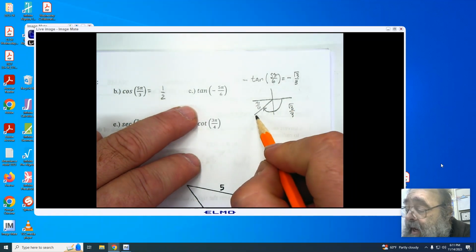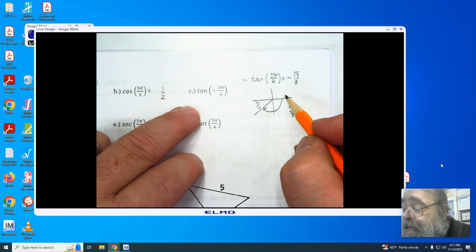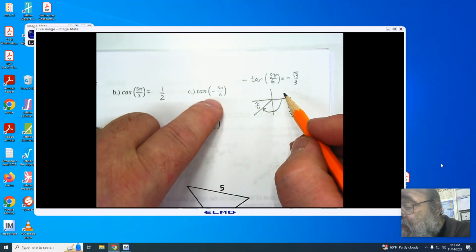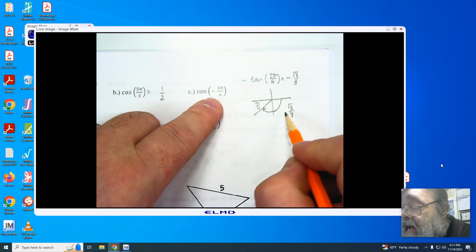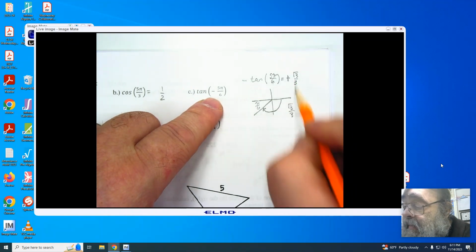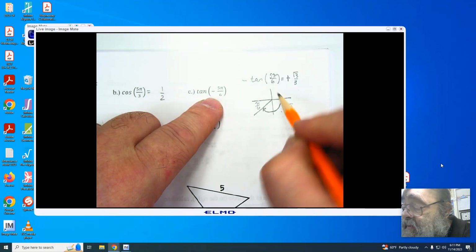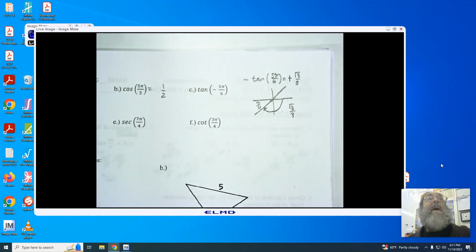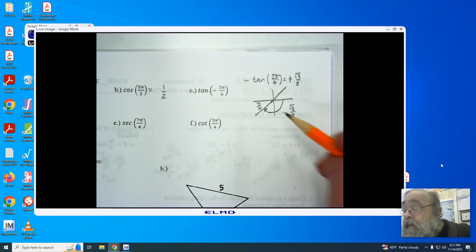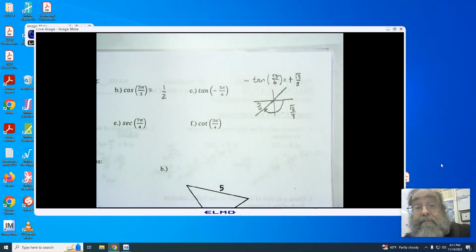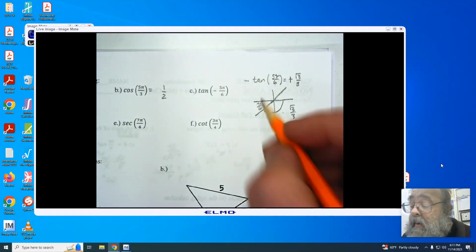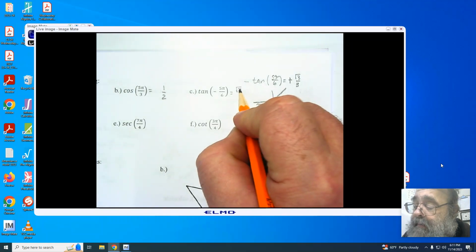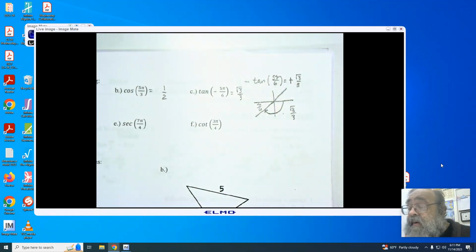Since I'm looking at a negative, I'm going to have a double negative, so that should have been a positive there, and it now gives me a positive. Notice the graph can make sure any errors get cleaned up. After all, this is a positive slope. Okay. So my answer is root 3 over 3.